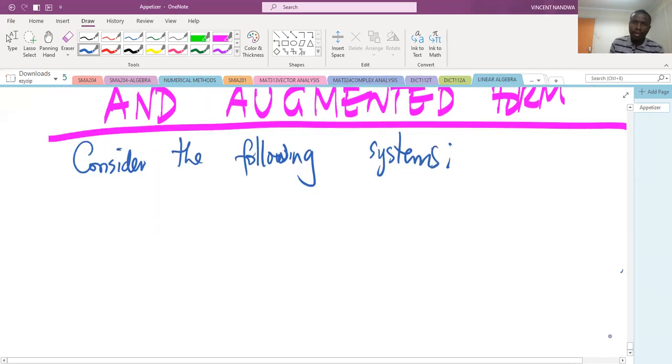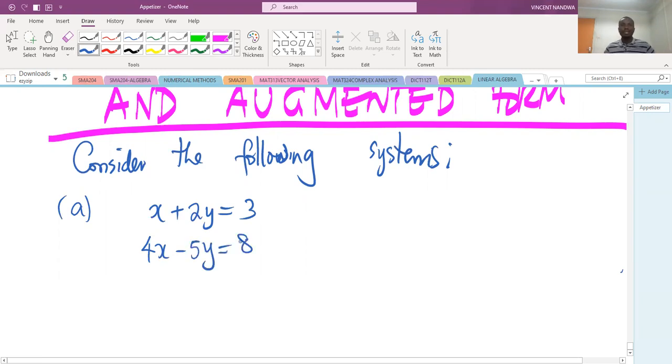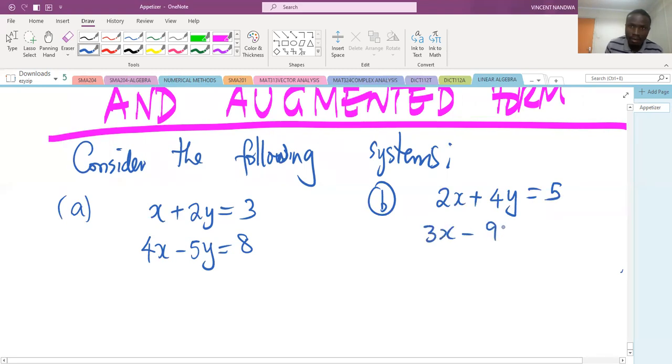So let's start with an appetizer. Like say, A: x plus 2y equals 3 and 4x minus 5y equals 8. Just as simple as this. And then B, say 2x plus 4y equals 5 and 3x minus 9y equals 10.